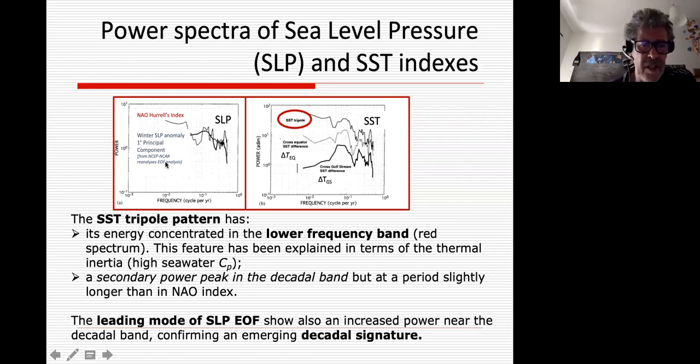And we have an EOF analysis of the sea level pressure, so another atmospheric indicator. And the period is about 50 years, from NCAR reanalysis.